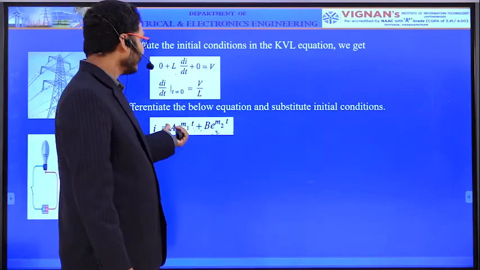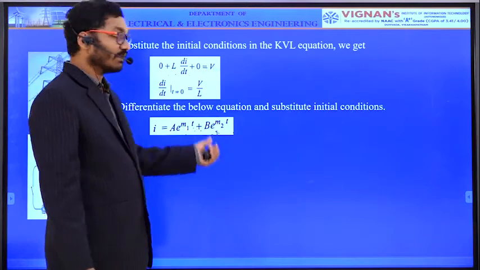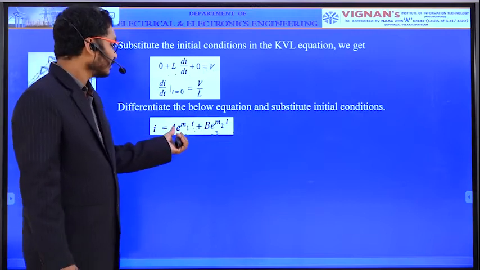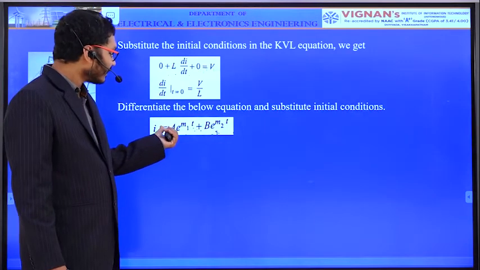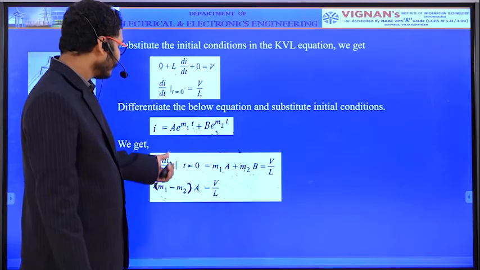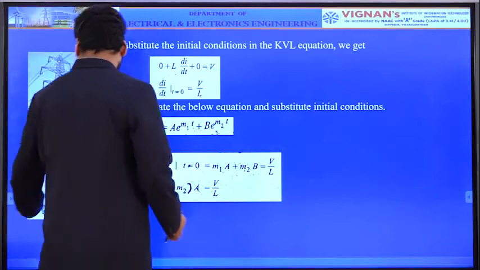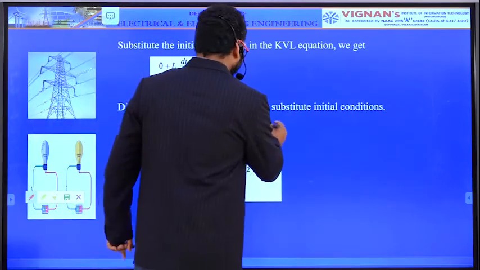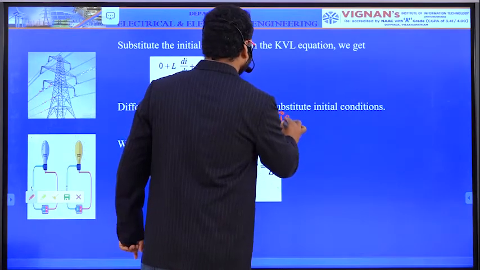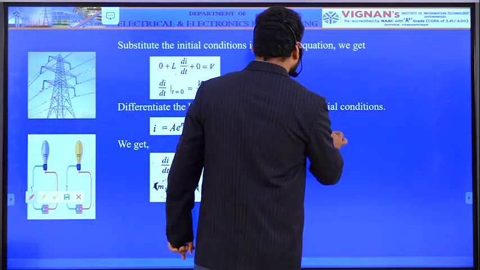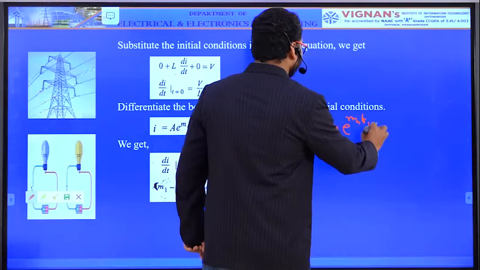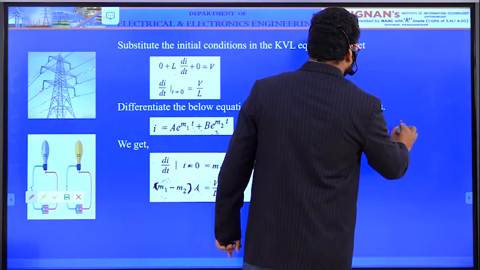So previously we got the I value, right? We want to eliminate these constants A, B. That's why we are doing all these things. So for this I make it derivative. Make it derivative, what you will get? di of t by dt equals a into m1 e to the power of m1t plus b into m2 e to the power of m2t.